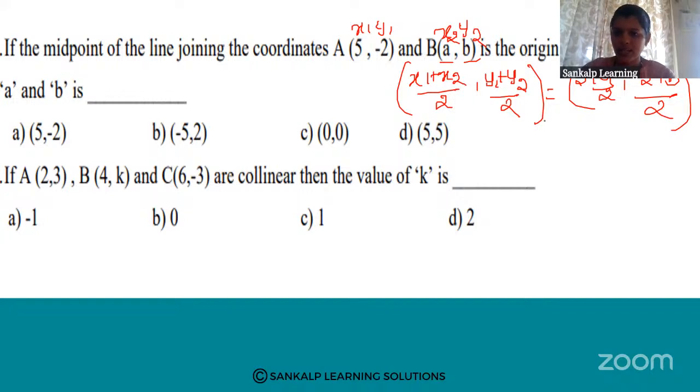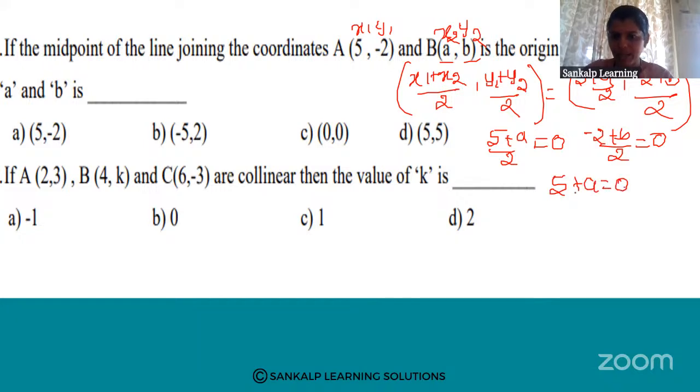If I equate it with 0, then what will I get? If you transfer 2 to this side, then it will be 5 plus a is equal to 0. Then if you transfer 5 to this side, you will get a is minus 5.